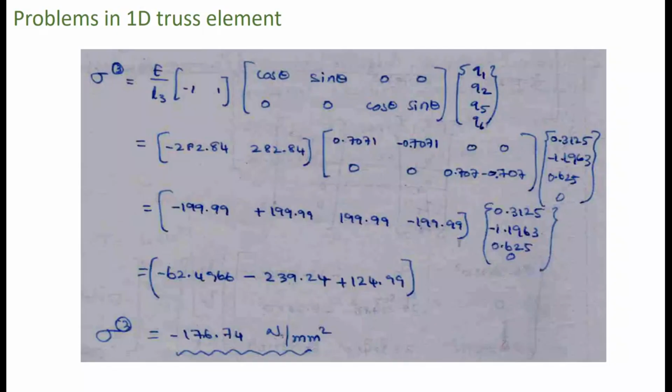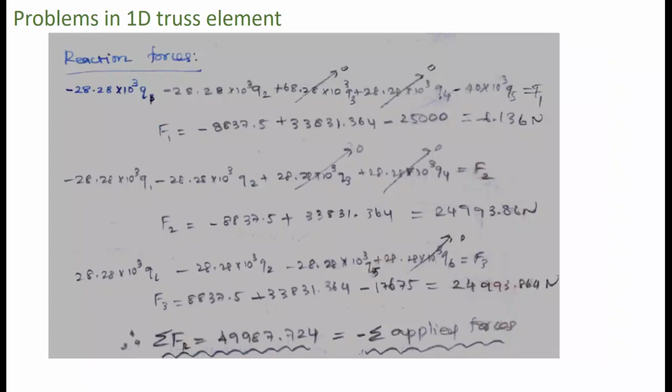The displacement for node 1 is 0.3125, minus 1.196, and node 3 is 0.625, 0. After multiplying, we get minus 199.99, plus 199.99, 199.99, minus 199.99, and the stress of element 3 will be minus 176.74 Newton per mm square.